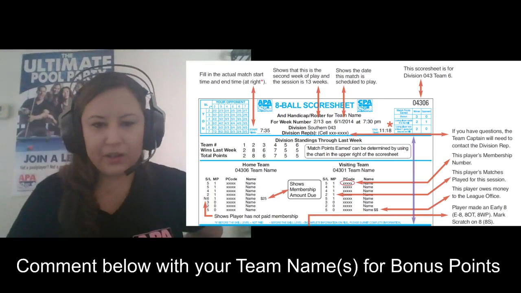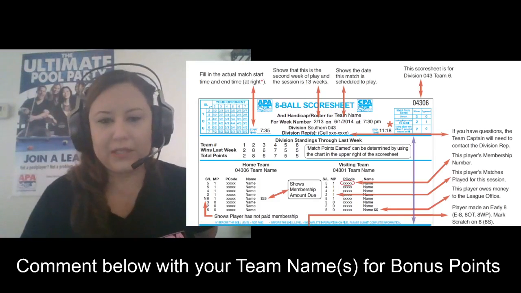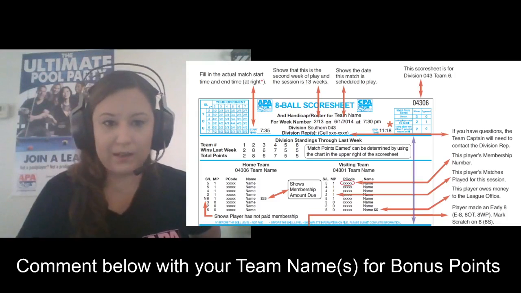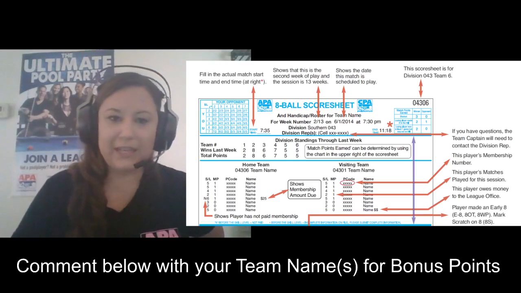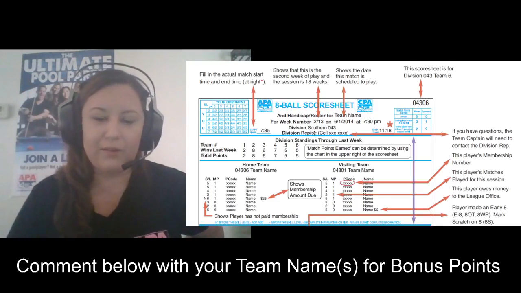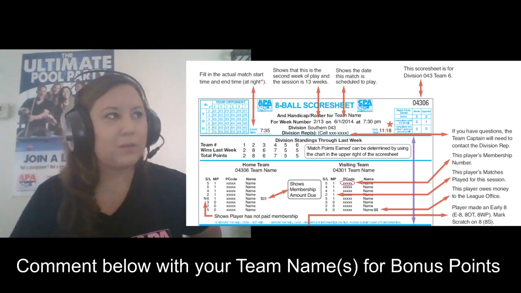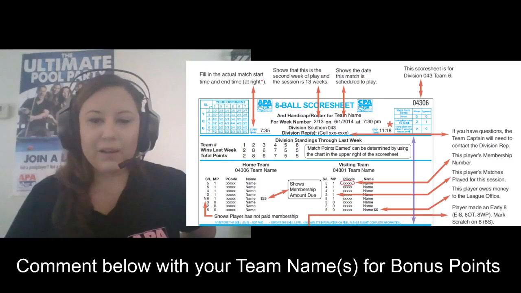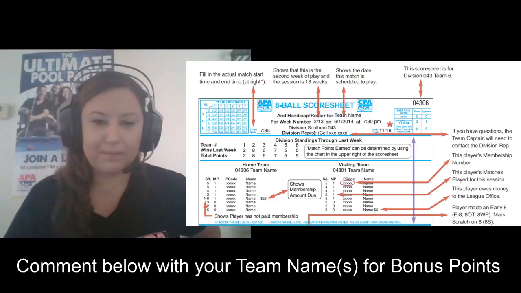If you see an asterisk next to a player's name, or if you see a $25, the asterisk means that we're missing information. Normally, it's like an email or a date of birth or something that they would need to get into their member service account. The $25 just means that we have a membership outstanding on them. A player can play basically 1 match without paying their membership at this point.